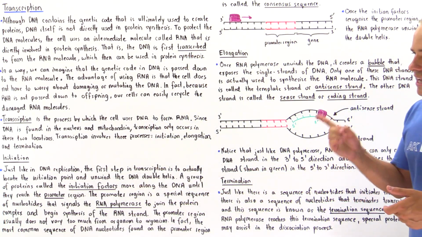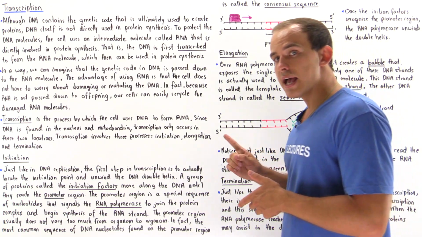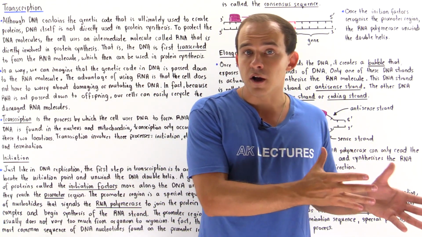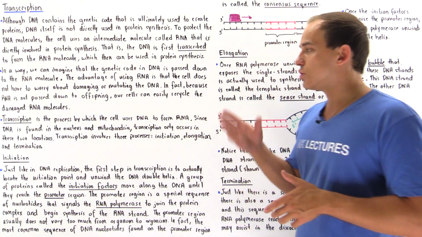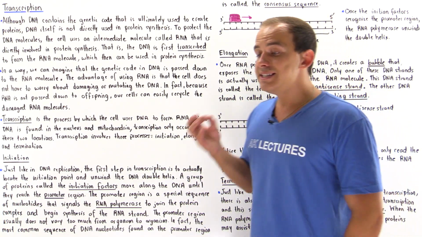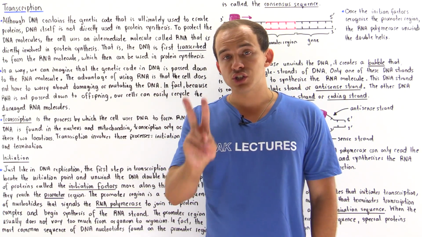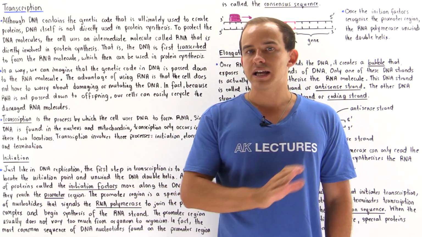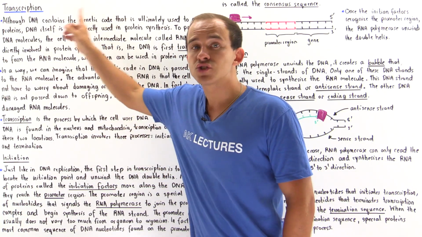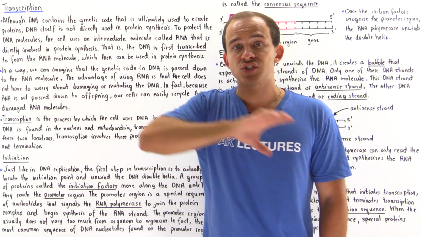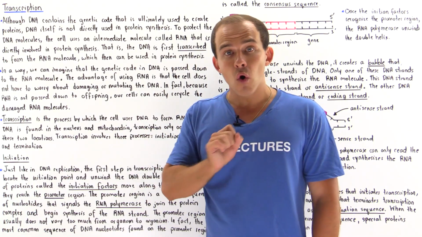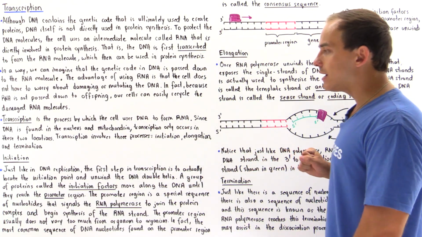So we see that transcription is the process by which we pass down the genetic information from our DNA molecule to our RNA molecule. And because DNA is only found in 2 locations, in the nucleus and the mitochondria, we see that the process of transcribing our DNA to RNA only takes place either in the nucleus or in our mitochondria.